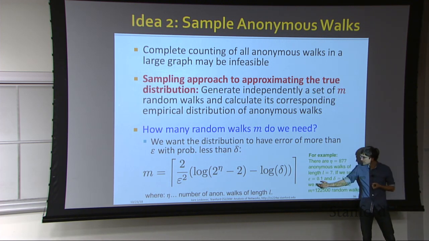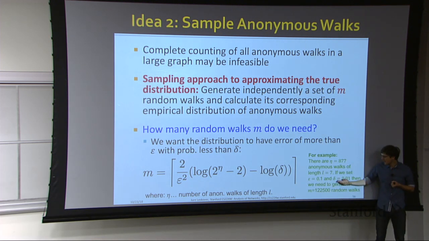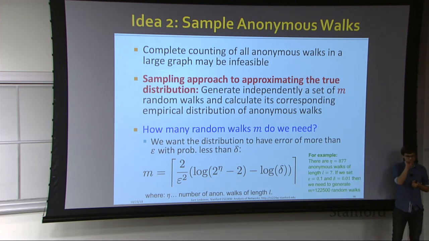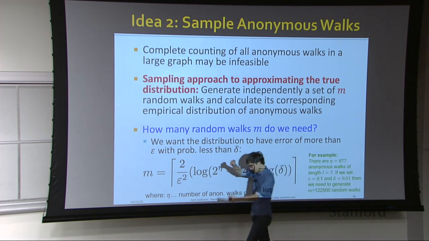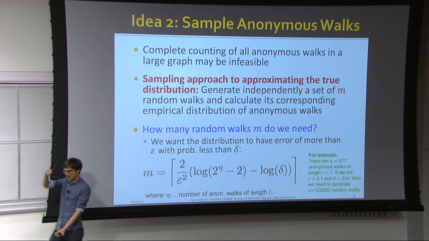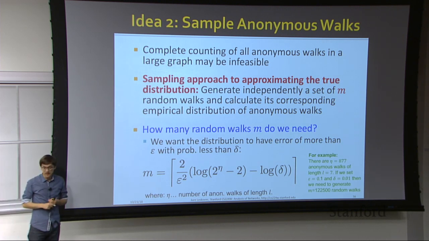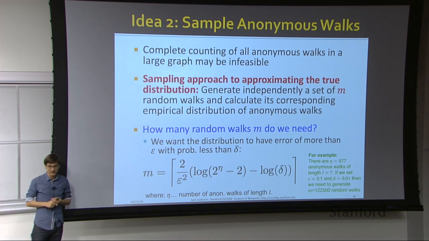If I set my epsilon to be 0.1 and my delta to be 0.01, then I would need to generate around 122,000 random walks in order to estimate this probability distribution over anonymous walks of the graph. That would be one way to do it.